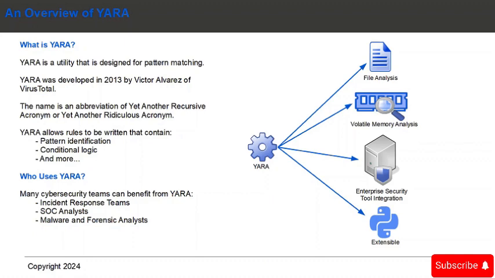So this really fits well within the toolbox that a threat hunter or a malware analyst needs in order to take a look at a file or a process that's running in memory and try to discern if it's malicious or not, whether it's a threat or not. Some of the other benefits of YARA is that it's very easy to integrate with existing security tools, and it's very extensible. So it's a really nice fit for incident response teams, anybody that's got an analyst role or an incident responder type role. This is something that you need to know about.